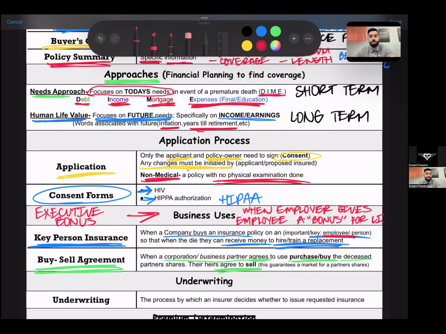Okay. So for example, let's say you work for XYZ company, and the owner of the company calls you in and says, "Hey, you've been a great employee here with us. We're paying you $75,000 a year. We actually want to give you a bonus of $5,000.